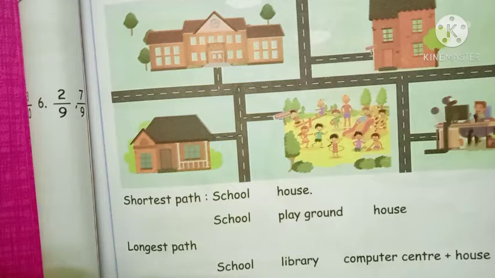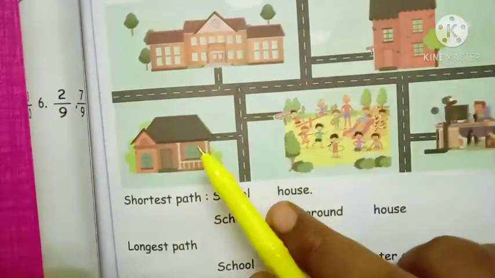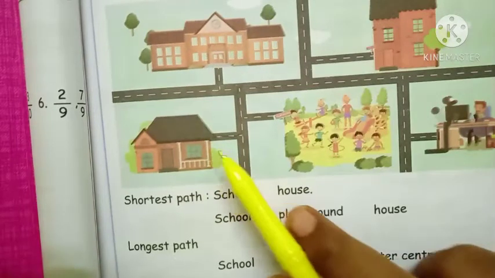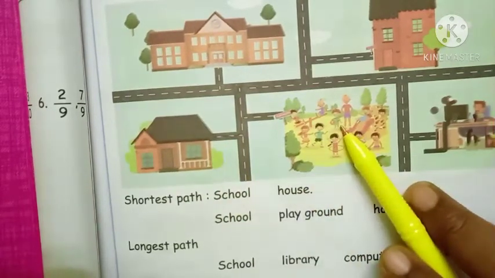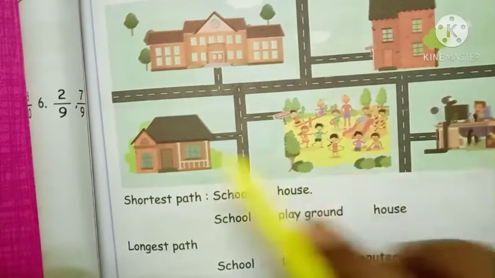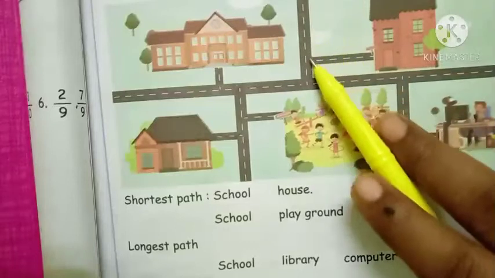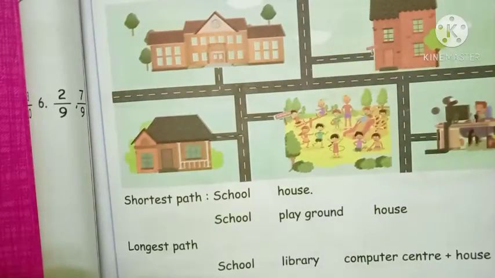That is what the route map shows. Here the example is given for school, library, home, house, playground, computer lab. These 5 things are given here, used for the route. That route helps you decide how to travel, by the shortest path or the longest path.